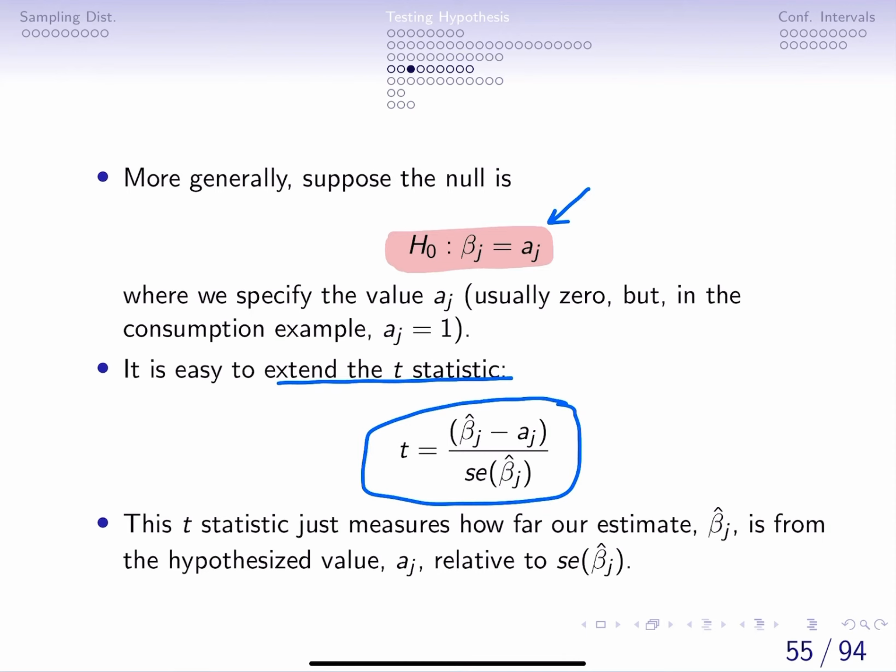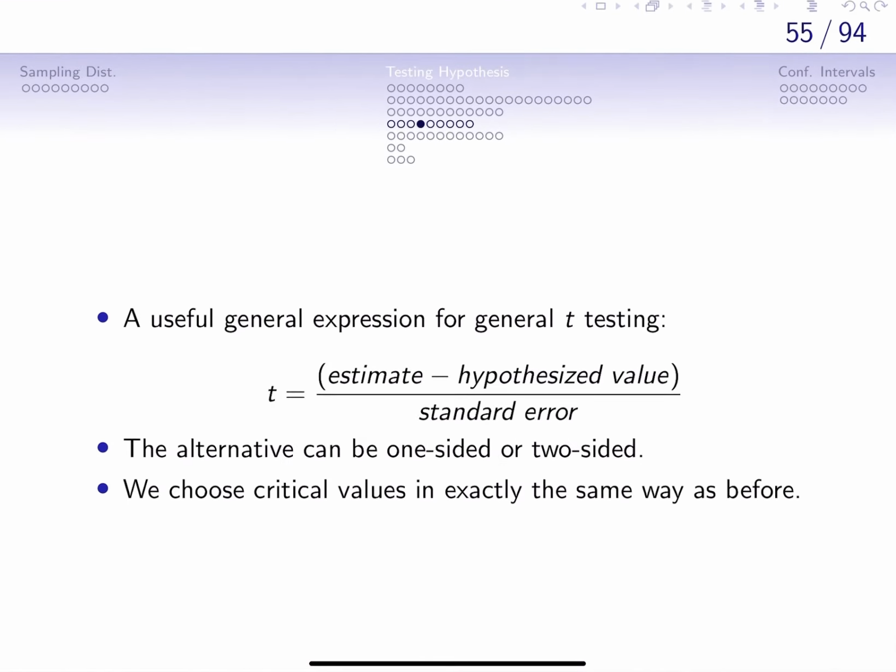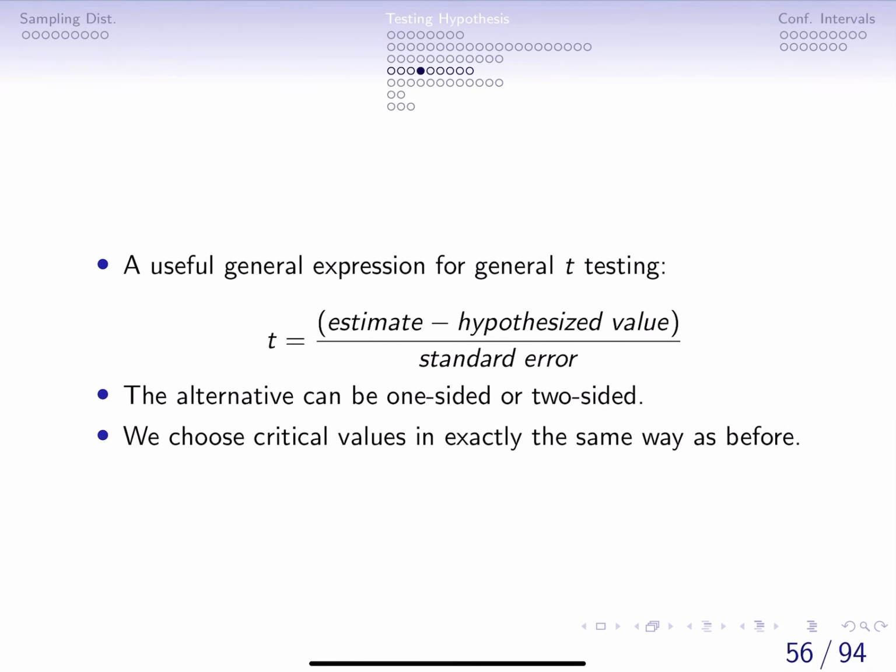So then we are saying what is the difference between our estimate versus our hypothesized value relative to the standard error. Okay, so this is really how you can interpret that t-statistic. This is really the formula that you should run with when you're thinking about the t-statistic, okay?